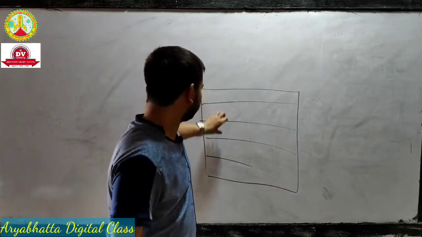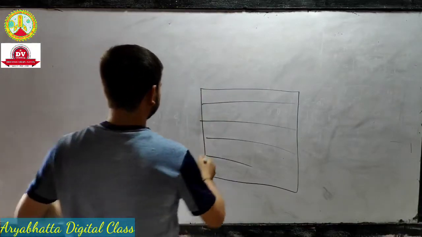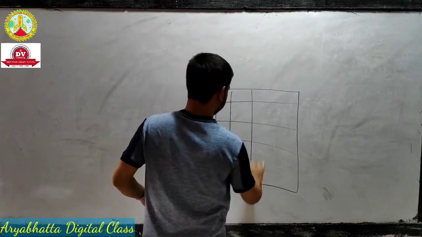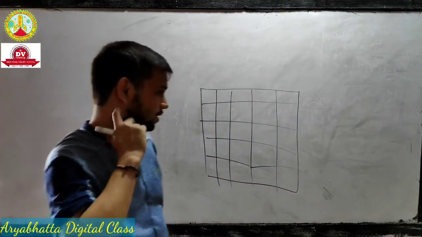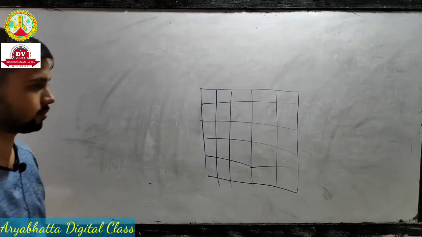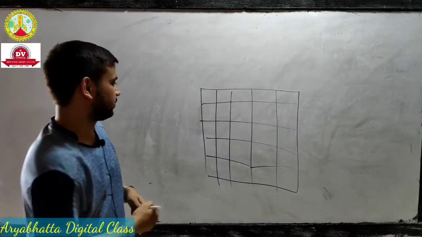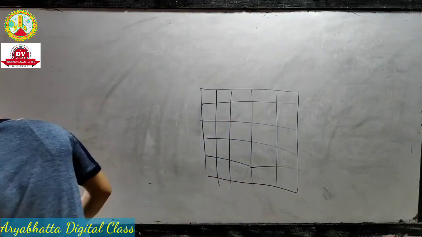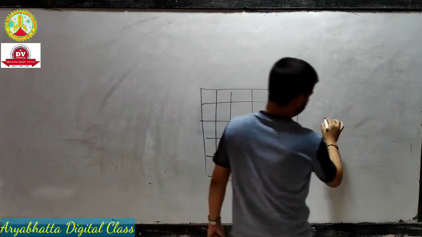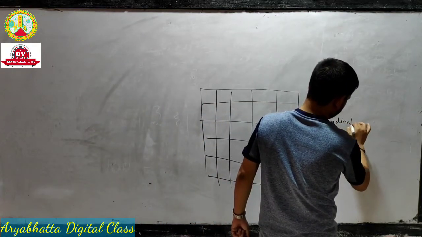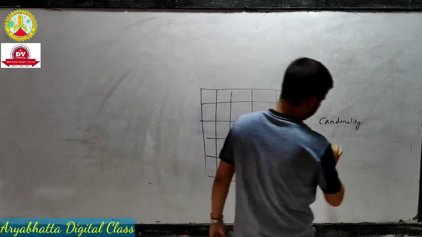The rows in a relation are called tuples, and the columns are called attributes. The number of rows is called cardinality, and the number of columns is called the degree.